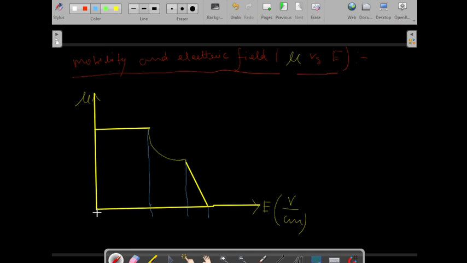That region is the small field, that region is the medium field, and that region is the larger field.